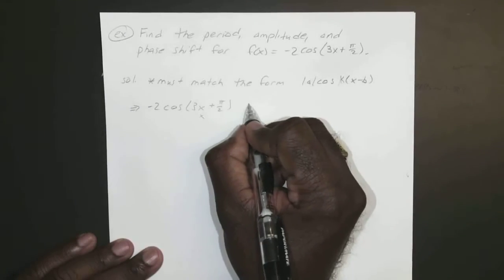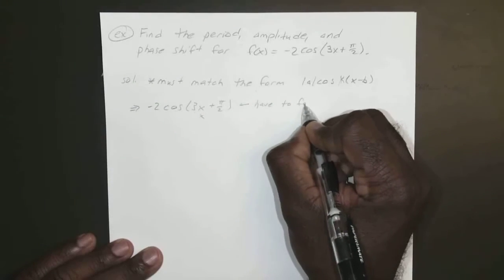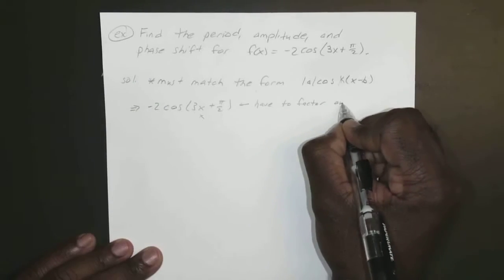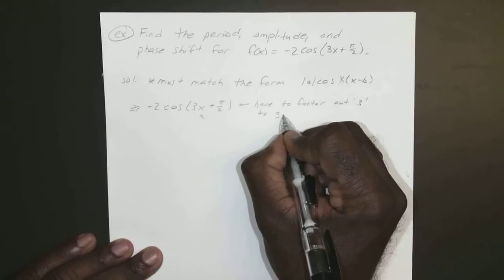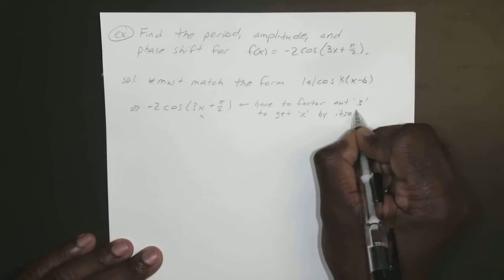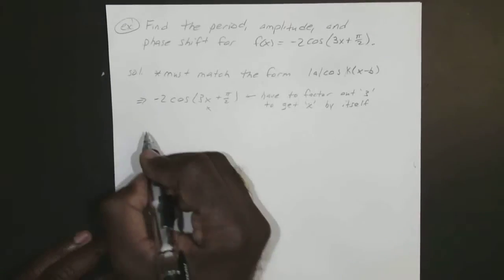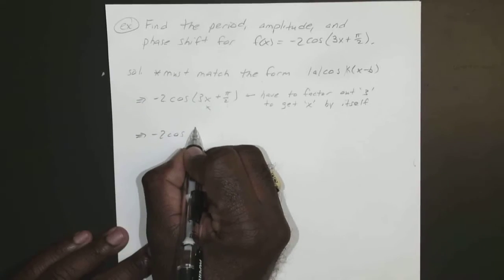Okay, so we have to factor out three to get x by itself. Okay, so how are we going to do that without completely changing everything up?